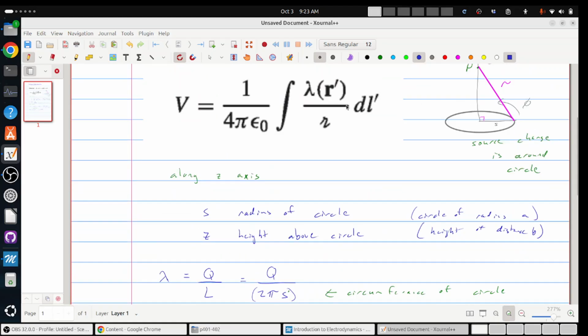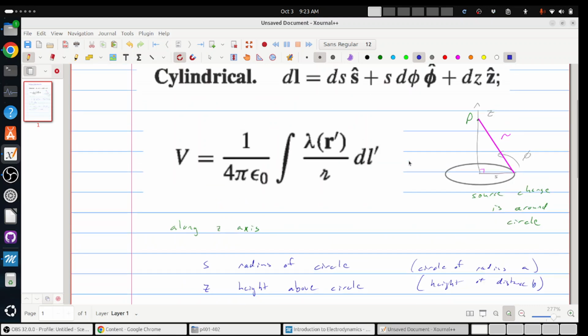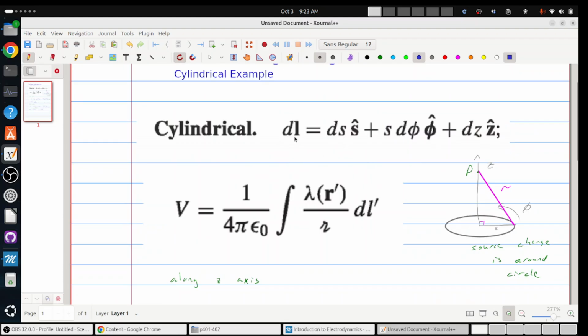And my dL, well, since my little incremental links are around the circle, I have to use a little incremental value here. And particularly what I'm changing is this part. As I move around the circle, I'm going around in phi at a set radius of s.